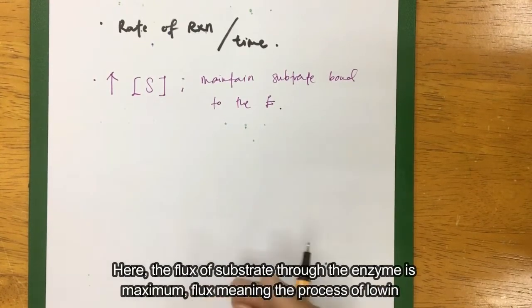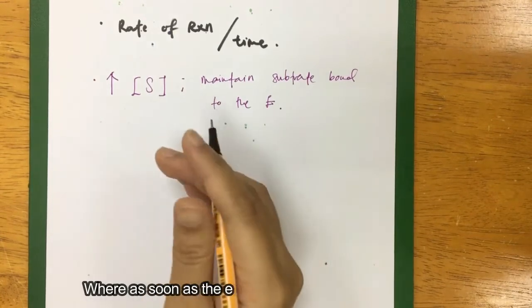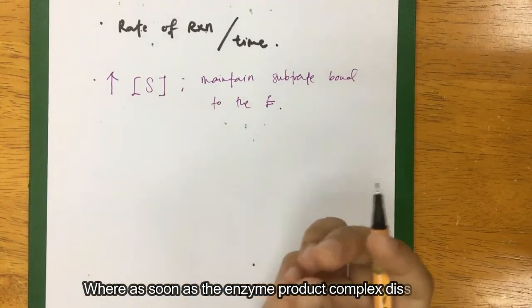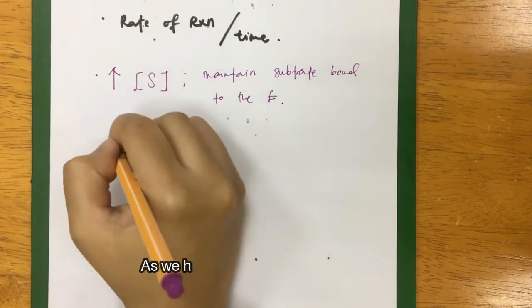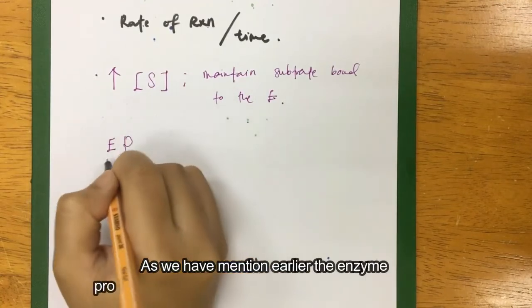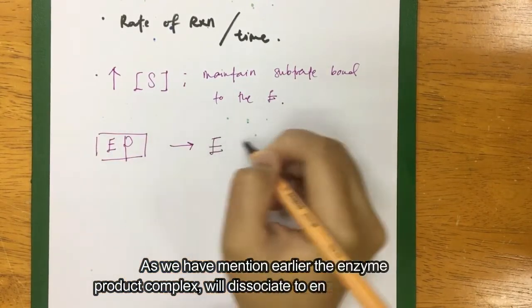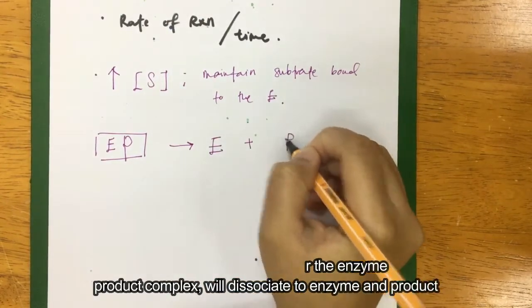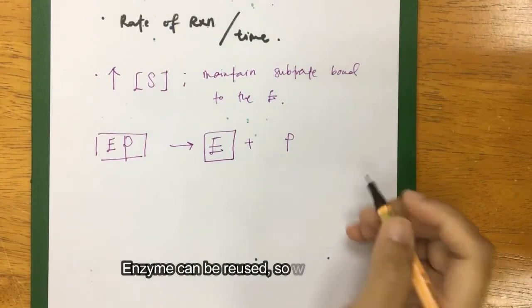Flux meaning the process of flowing, where as soon as the enzyme product complex dissociates, as we have mentioned earlier, the enzyme product complex will dissociate to enzyme and product. Enzyme can be reused.